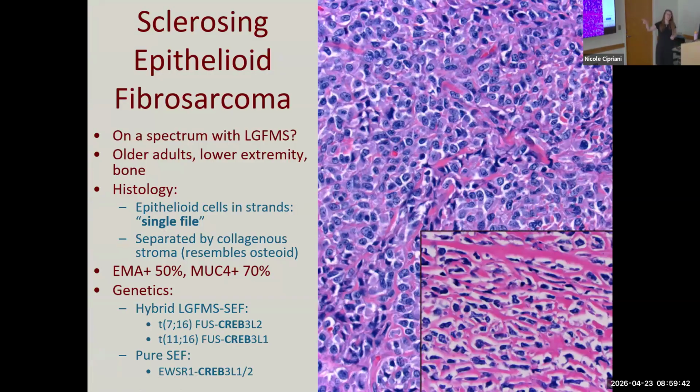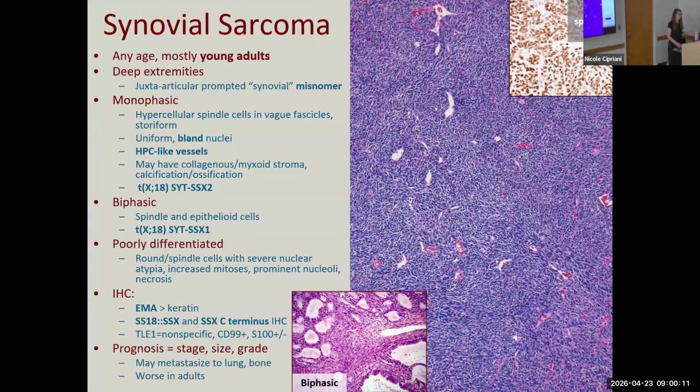It can look like osteosarcoma because it has this collagenous material in the background that resembles osteoid, and can be present in bone, can be present in soft tissue, can be present with an associated LGFMS, in which case it retains the same fusion, or can be present pure or de novo, in which case it has a slightly different fusion with EWSR1 instead of FUS as partner. These can metastasize at higher rates than the low-grade counterpart.